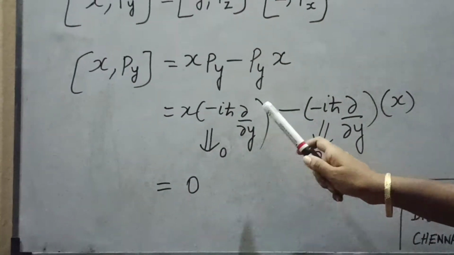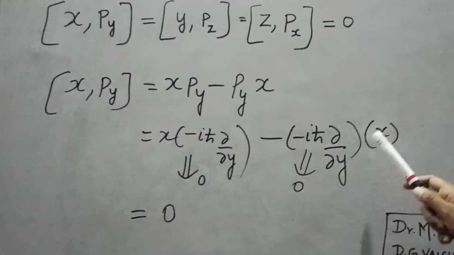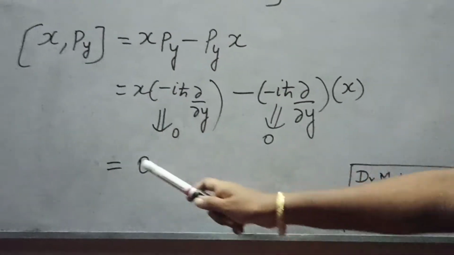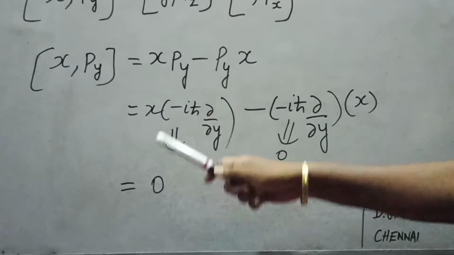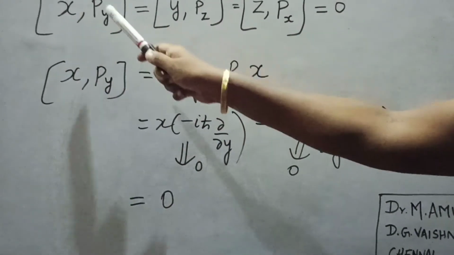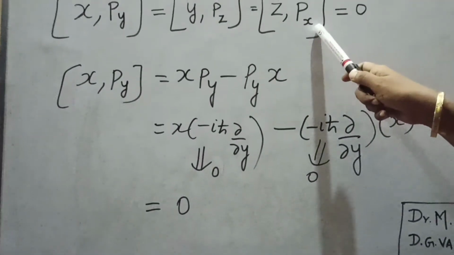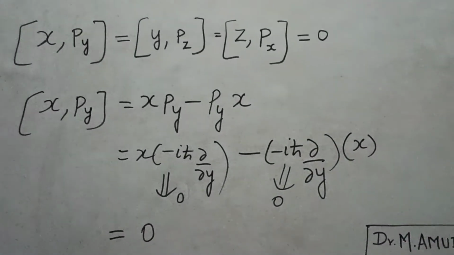If the component is found to be the same, we can differentiate. Since here the components are found to be different, the two terms automatically become 0. So the summation of these two terms leads to 0. So if the components are found to be different, then the commutation relation between the position as well as the momentum component is found to be equal to 0. In this way we can prove this.